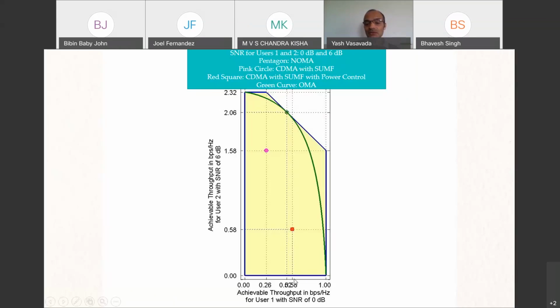Actually, if this weak user was not present, the strong user could get a capacity which is as large as 2.32 bits per channel use. But just because this weak user is present, and we are asking user 2 to be a nice guy, it will have to be satisfied with a rate which is roughly about 1/4 in this case.